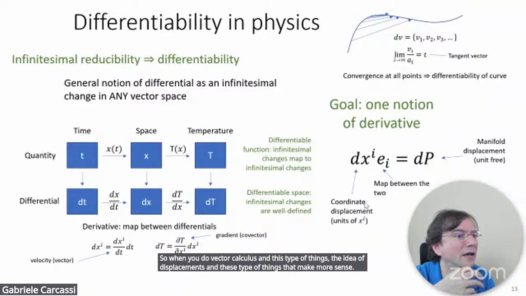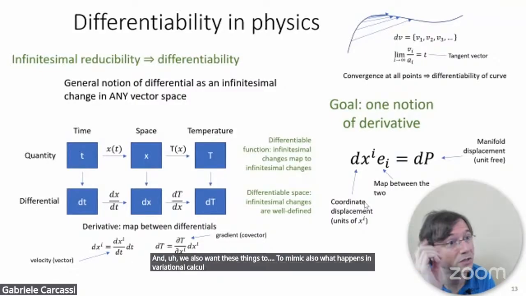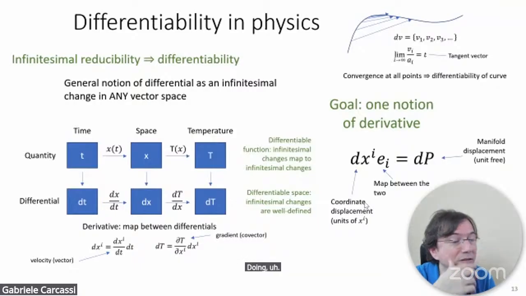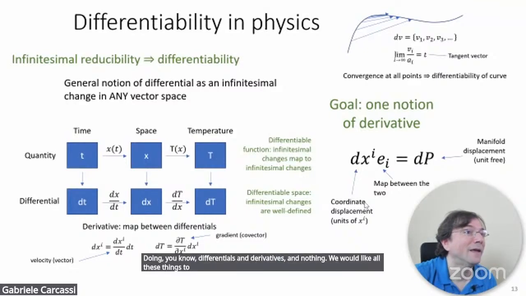We also want these things to mimic what happens in variational calculus, which is more similar to the older way of doing differentials and derivatives. We would like all these things to mesh together well.